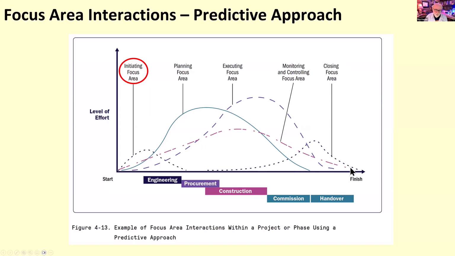So we don't always wait till the end of the project to deliver the value. It can be done over time. This image is from PMBOK 8, and it's the same image that I've seen in other versions of the PMBOK. It's just modified a little bit to show the different roles.